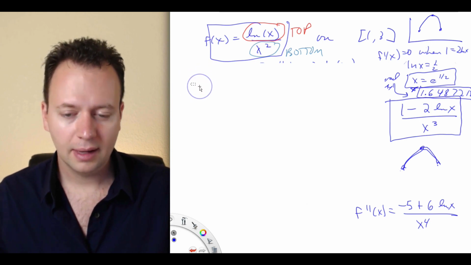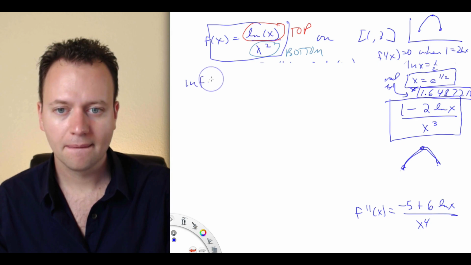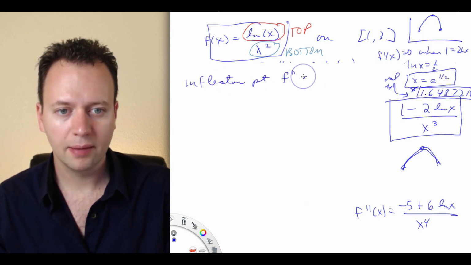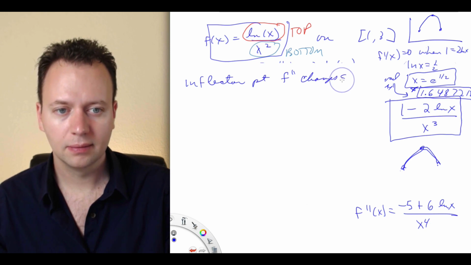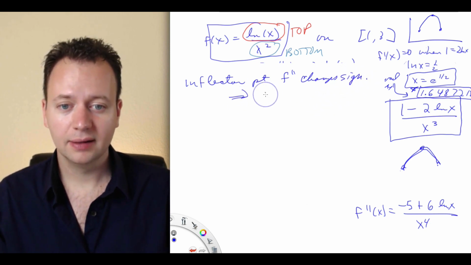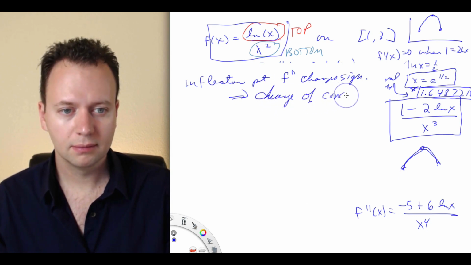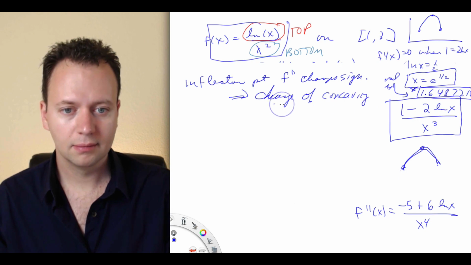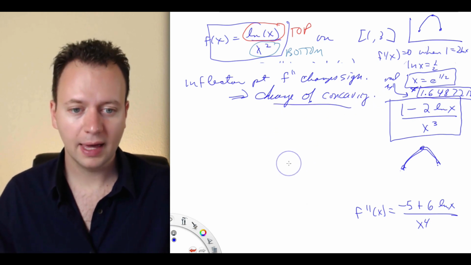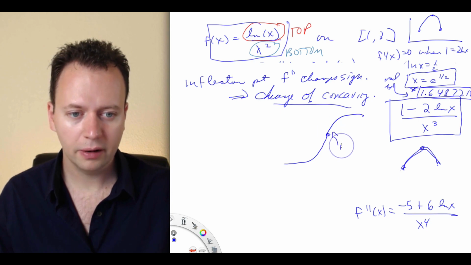So an inflection point is when f double prime changes sign. So it's when you have a change of concavity. So when it goes from concave up to concave down. So that's the inflection point right there.